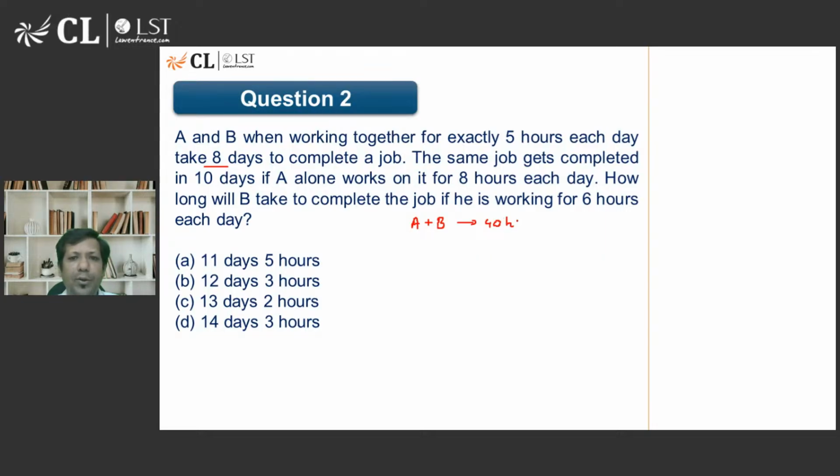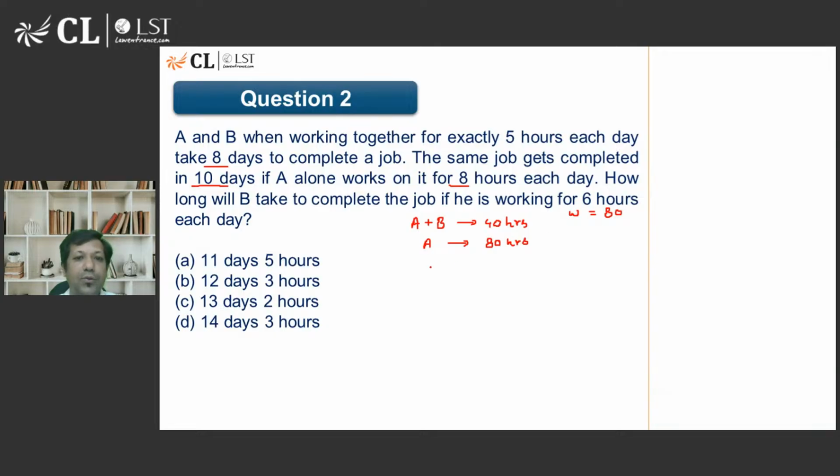So the total number of hours they are working is 40 hours. Now the same job gets completed by A in 10 days if he is working 8 hours each day. Okay, so it means A is finishing the job in 80 hours alone. So what is the common multiple of 40 and 80? 80. So I am assuming that total work is 80.